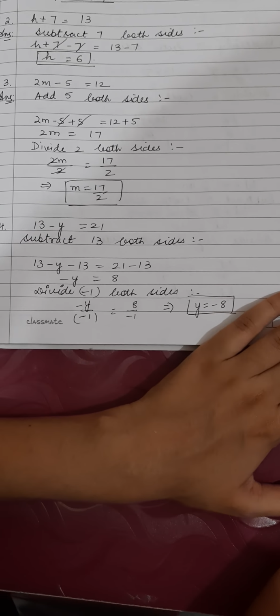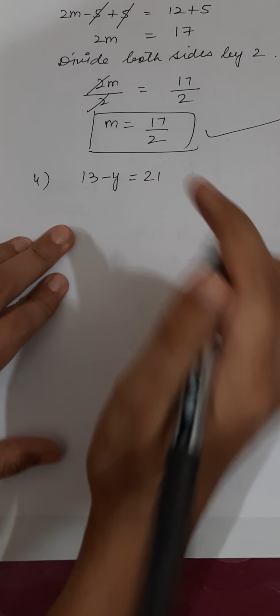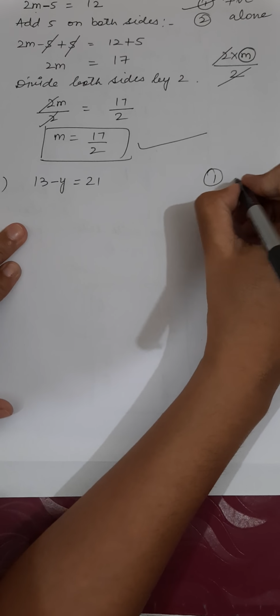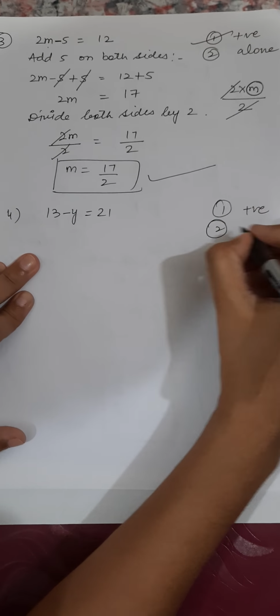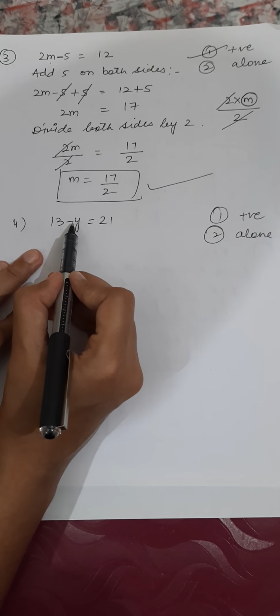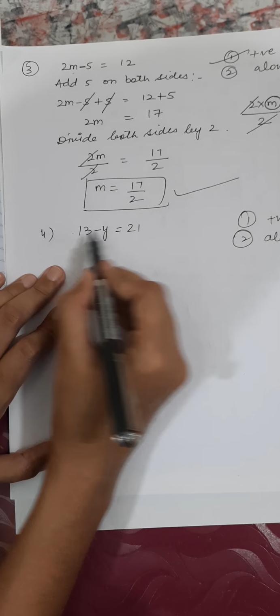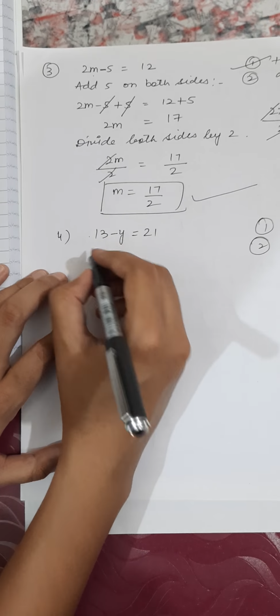Now in the fourth part, 13 minus y is equal to 21. What you are going to do here is, first of all it has to be positive, and second it has to be alone, and here it is not positive and it is not alone. So firstly I can see that 13 is in plus. I am going to remove 13 from here.